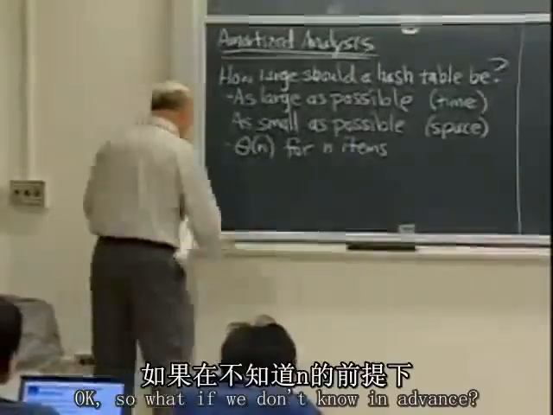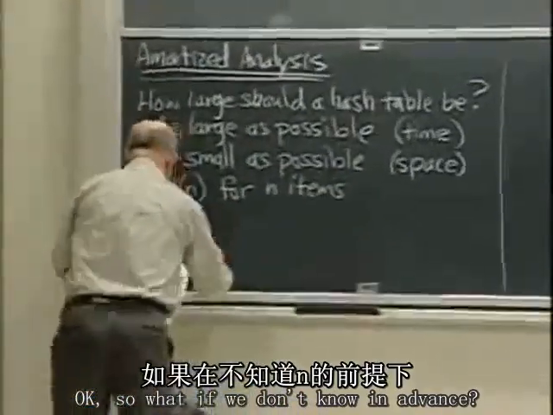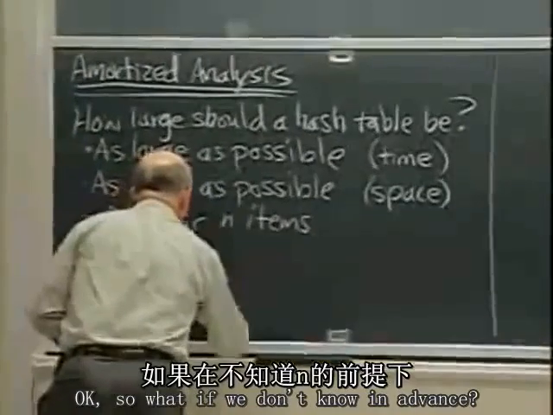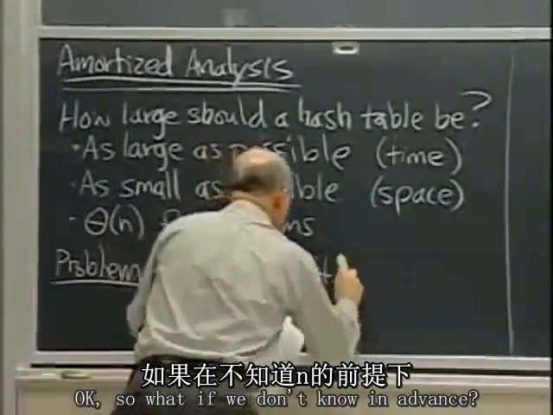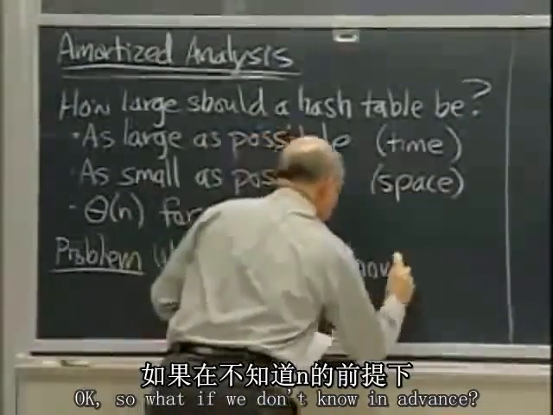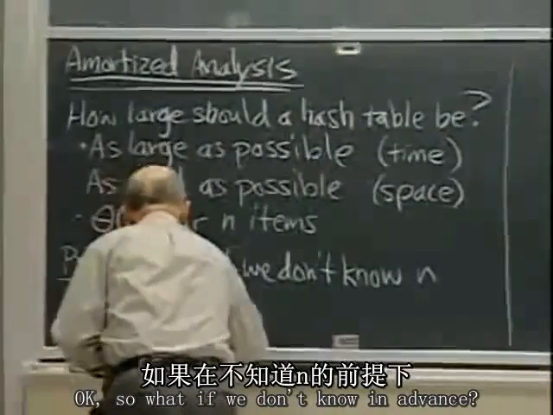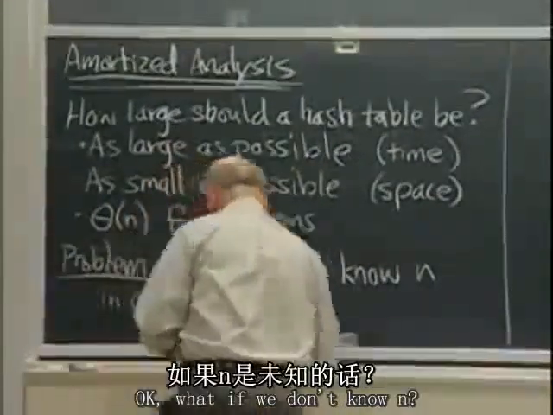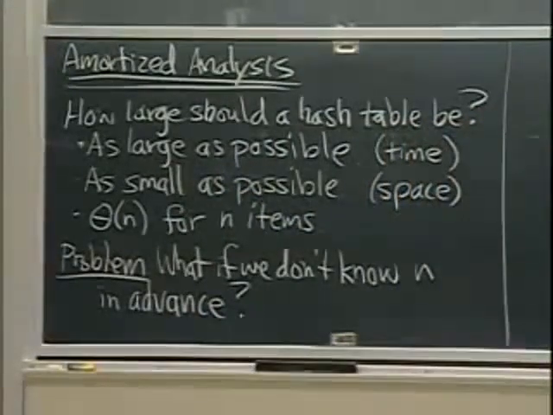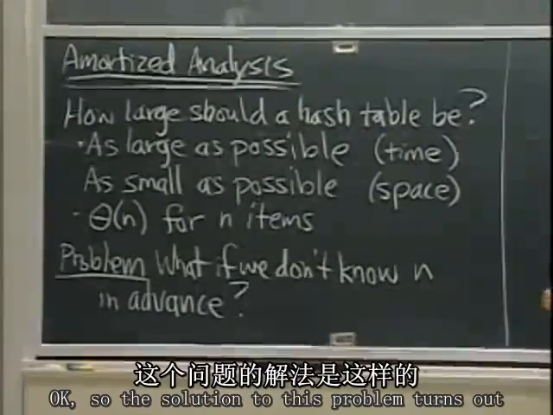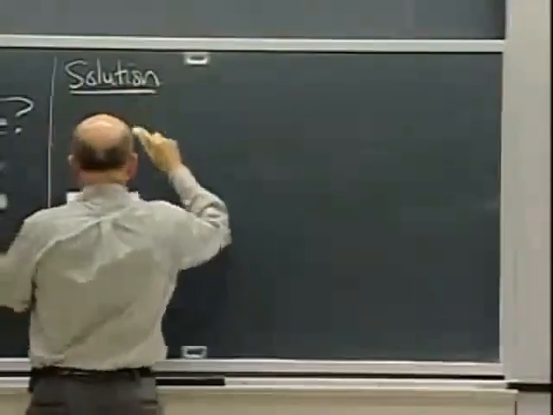So what if we don't know in advance? What if we don't know n? So the solution to this problem turns out is fairly elegant.